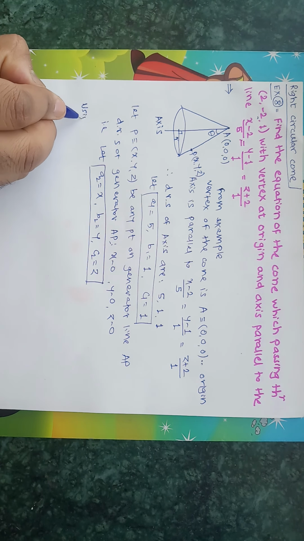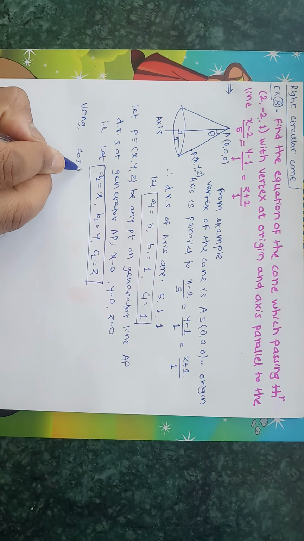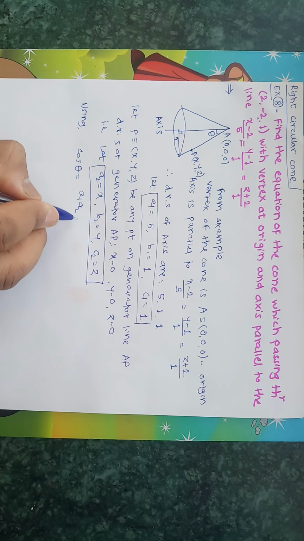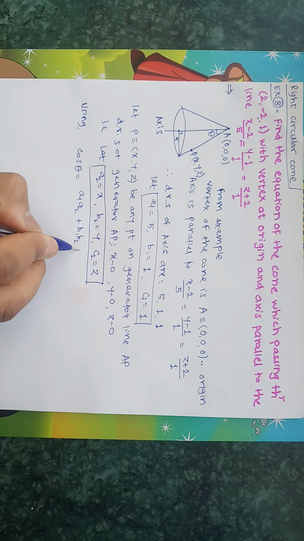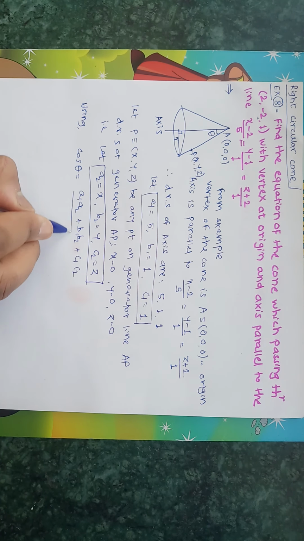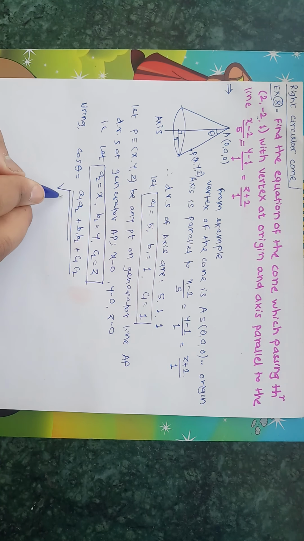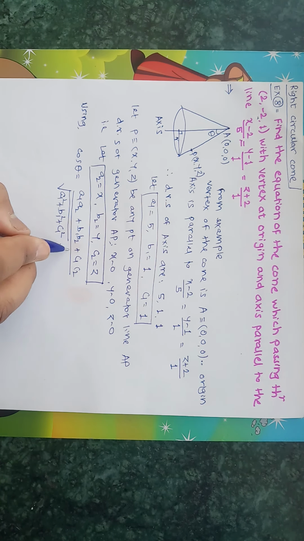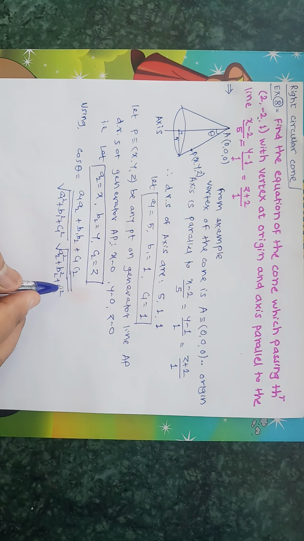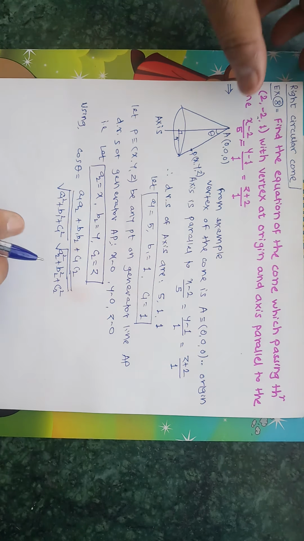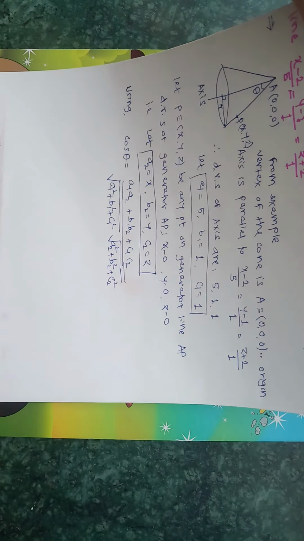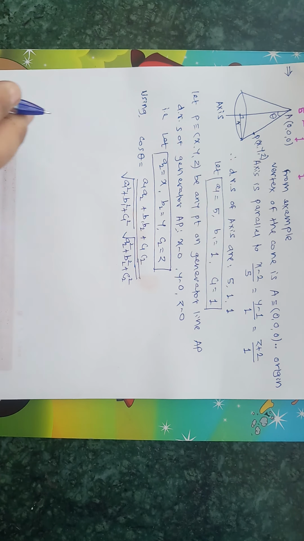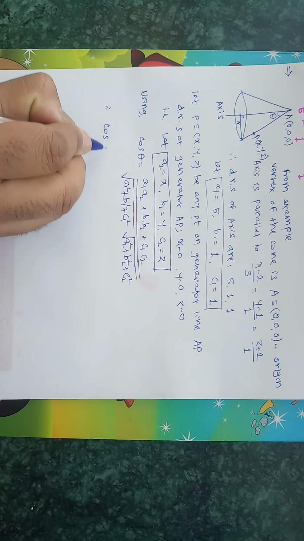Now using the formula for the equation of the cone, cos theta is equal to (a1 a2 plus b1 b2 plus c1 c2) upon square root of (a1 square plus b1 square plus c1 square) into square root of (a2 square plus b2 square plus c2 square). I will replace the values only. As theta is not given, I will keep it as it is.